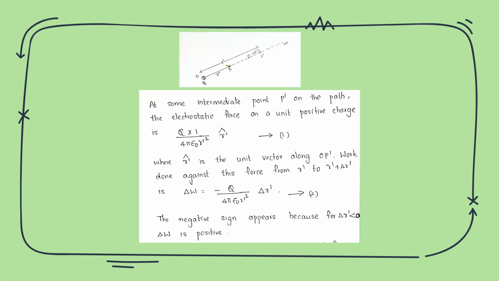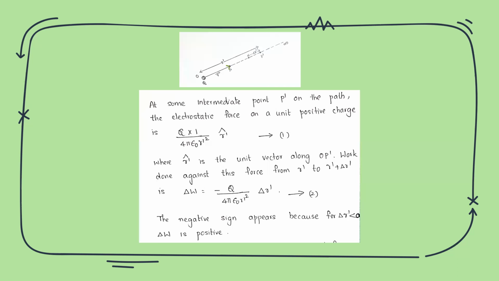That means on the way, when the plus 1 coulomb is at a distance of r dash, the force between capital Q and plus 1 coulomb is Q into 1 by 4 pi epsilon naught r dash square into r dash cap, equation number 1. And r dash cap, as all of you know, is the unit vector along OP dash.